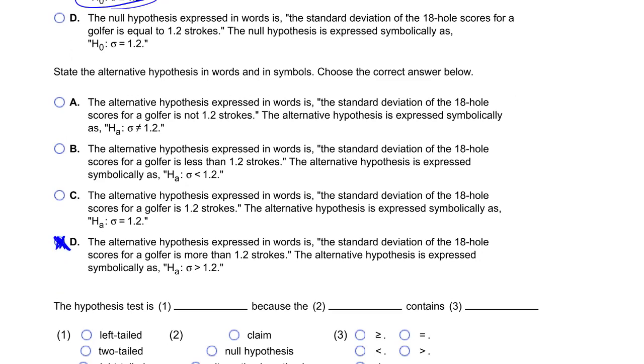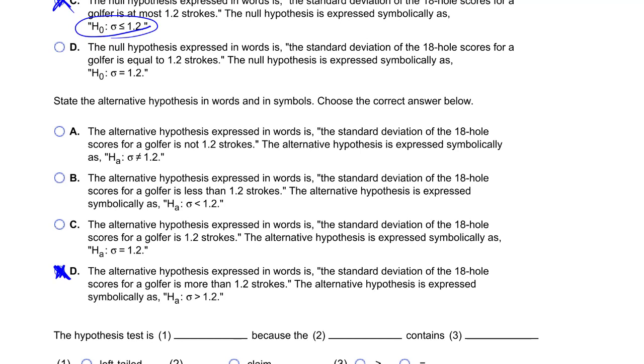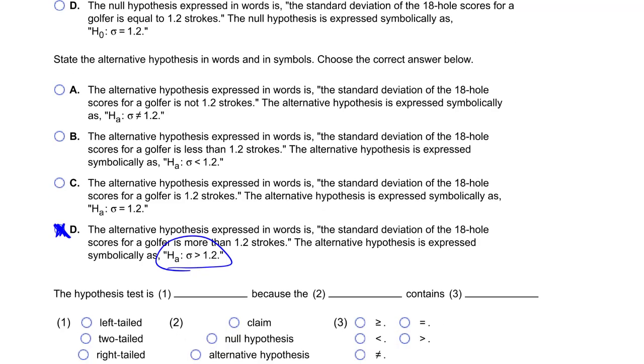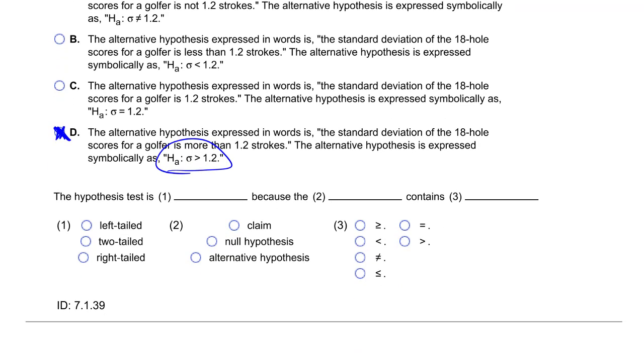So now we just said that the alternative was greater than 1.2, and that will easily tell us what type of test we have. Remember, we always look at the alternative. So being a greater than 1.2, that would be out there.